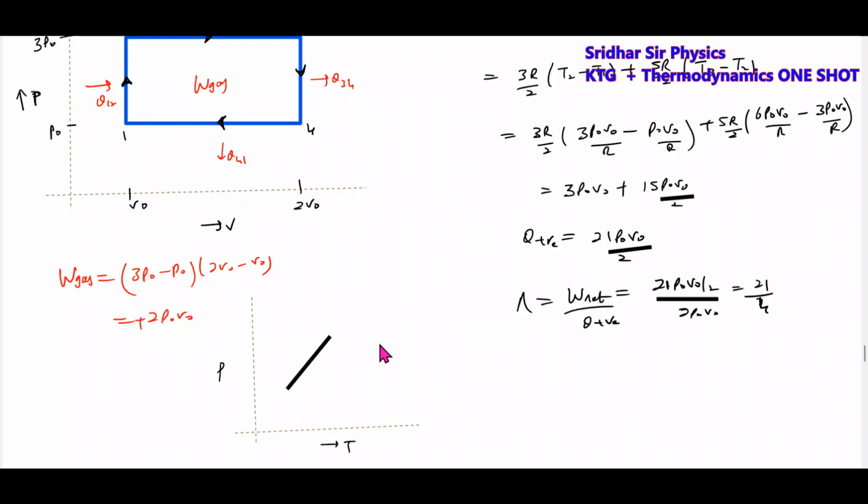Then isobaric heating, then isochoric cooling, a straight line passing through origin. Next, isobaric cooling.